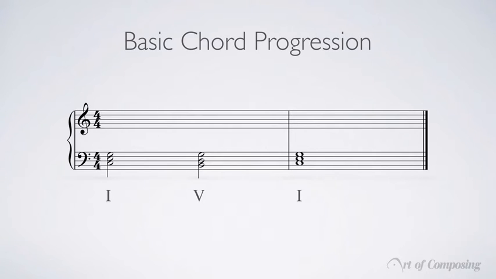So once we establish the notes we can use, we then decide which note to start on. Most tonal music begins on the tonic chord, or the first chord in a scale, so starting your melody on scale degree 1, also called tonic, will give it a very stable feeling. So there's the chord.